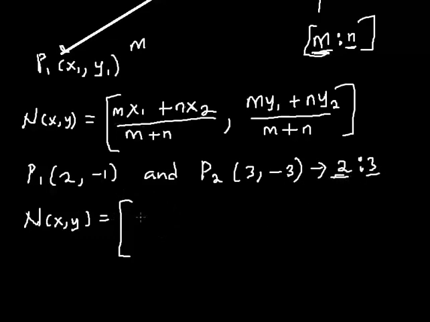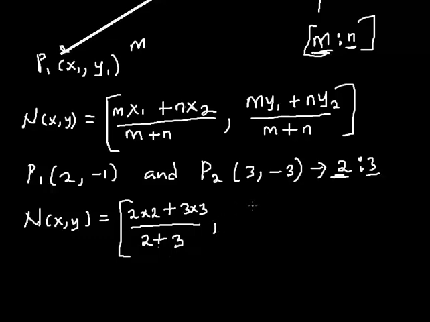So I'm having 2 times x1, and x1 here is 2, so that's 2 times 2, then plus 3 times x2, which is 3, so 3 times 3, divided by 2 plus 3, comma.